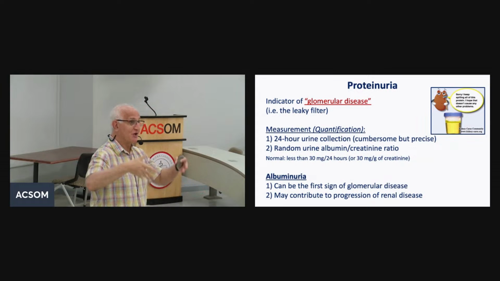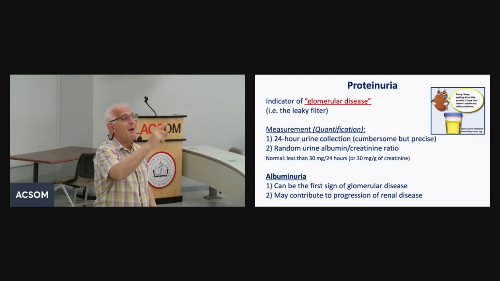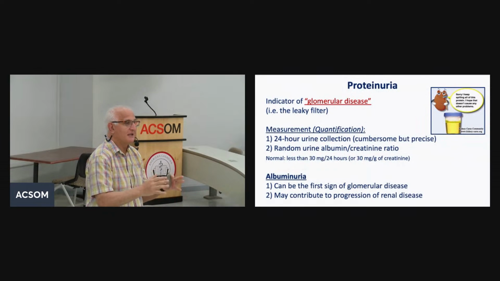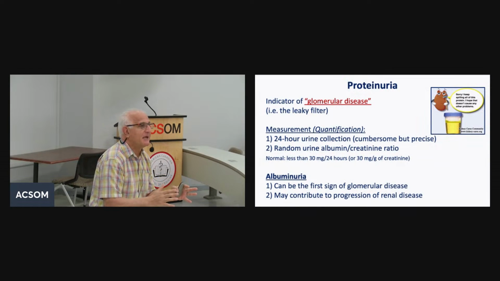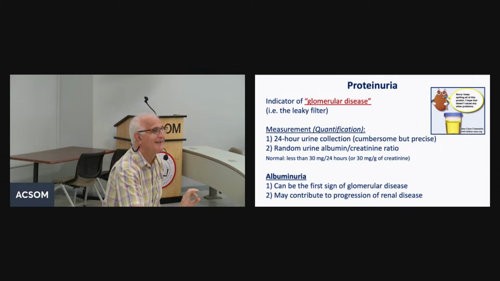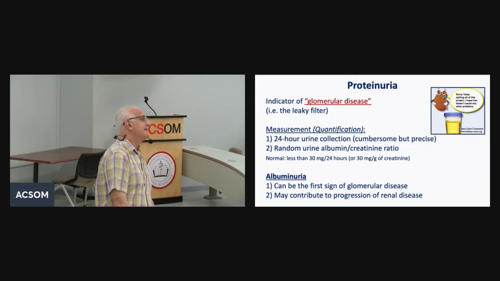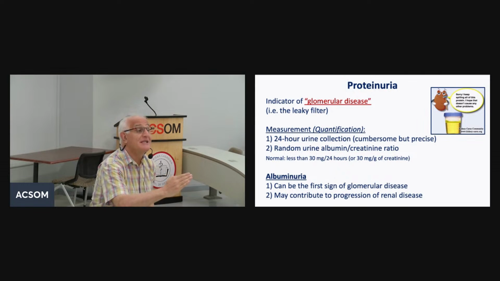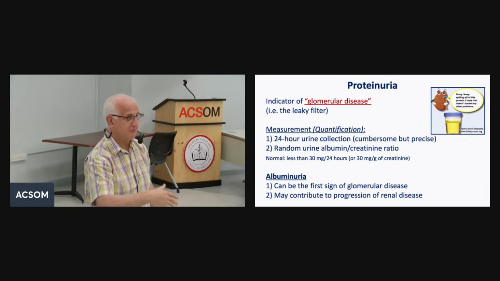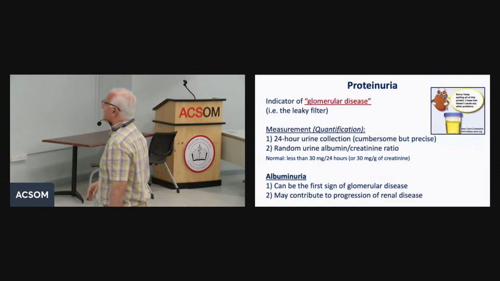I'm moving around, I'm jogging, I'm orthostatic, right? But if it was a Sunday, I was sitting on my couch, eating chips, watching ESPN, my urine albumin would be close to zero. Does that make sense? Very good. It should never go beyond 30. Up to 30 normal. But more than 30 would be abnormal.